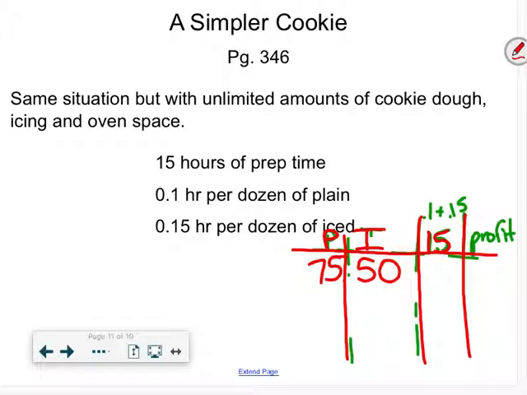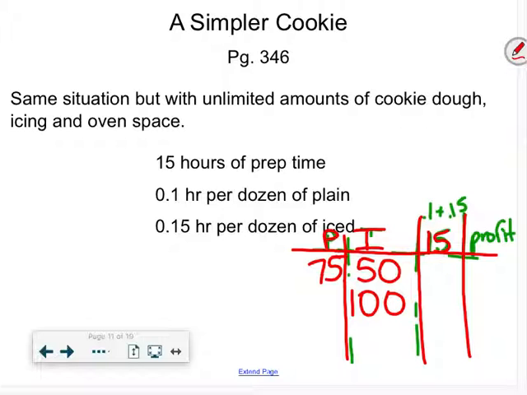So earlier, some of you tried to max out the iced cookies based on icing. Has anyone maxed out the iced cookies based on time? Ryan? I got 100 iced cookies. So we could do 100 iced cookies now because icing isn't a limitation. How did you get 100?